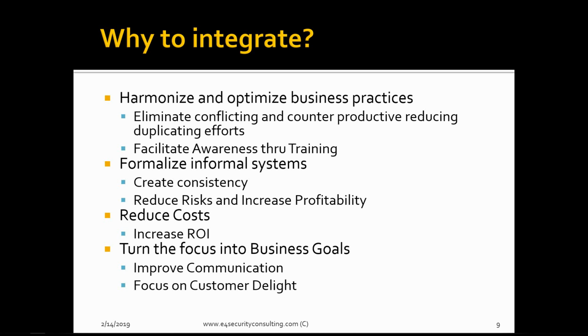Like I said at the beginning of my webinar, sometimes we work counterproductively, and we reduce our duplicating efforts, because when I'm writing my quality policy, I want to make sure that I have security and business continuity. Without that, I cannot produce a quality product or a quality service. So in order to have a quality product and quality service, I have to have security and business continuity.